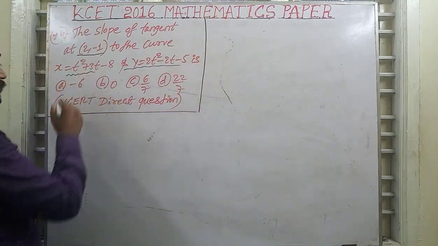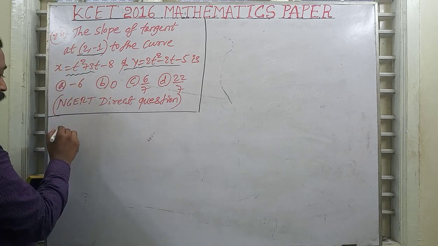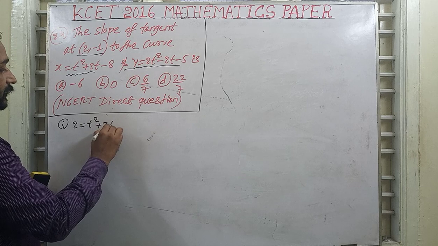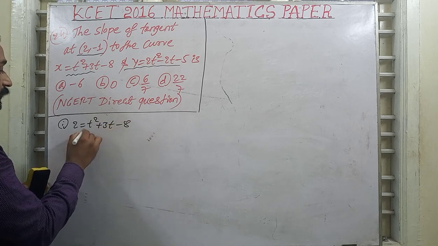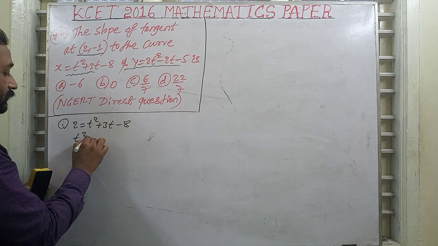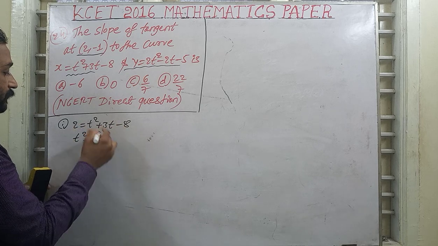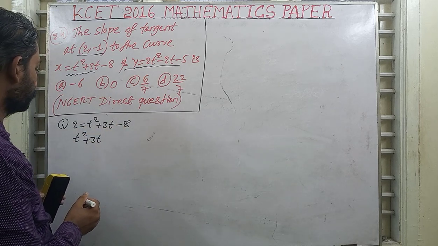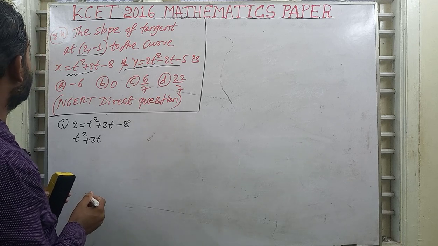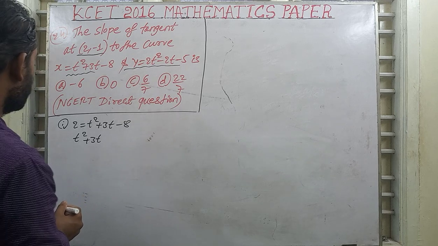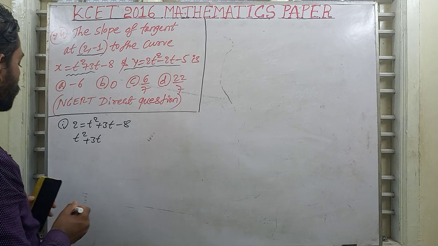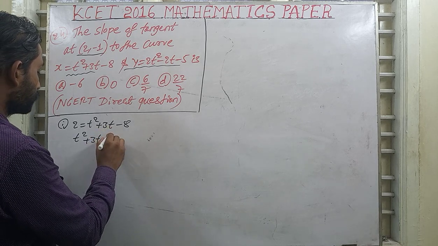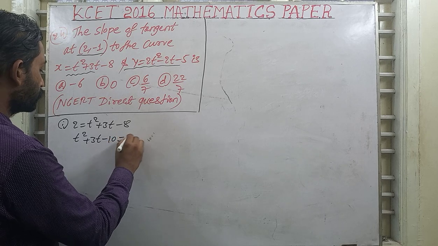So using the first condition, x is 2, so 2 is equal to t square plus 3t minus 8. It can be written as t square plus 3t minus 8 minus 2. So in this case, minus 8 is there, x is 2, so minus 2, which gives minus 10 equal to 0.